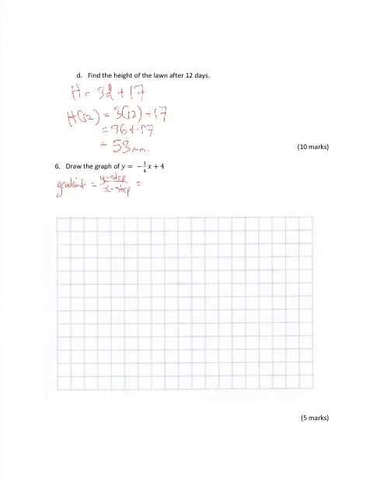And because your gradient is negative a quarter, that means 4 steps across, and because it's negative, 1 step down. If it was positive, it would go 1 step up. And then we also know that the y-intercept is 4.